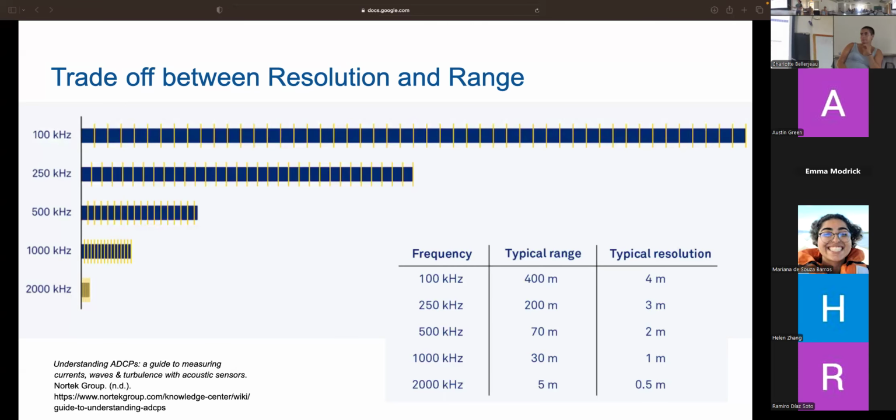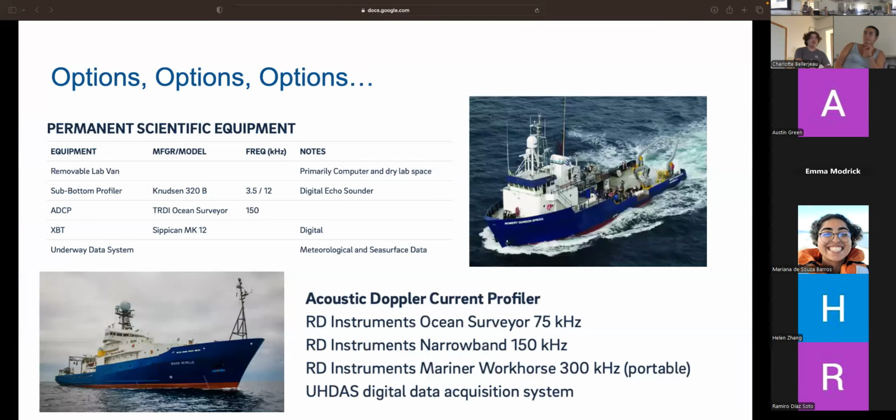This is just a handy table to get a general idea of what resolution and range you should expect depending on which instrument you're using. Because there's a big trade-off between resolution and range, it is not uncommon for people to use multiple ADCPs of different frequencies.